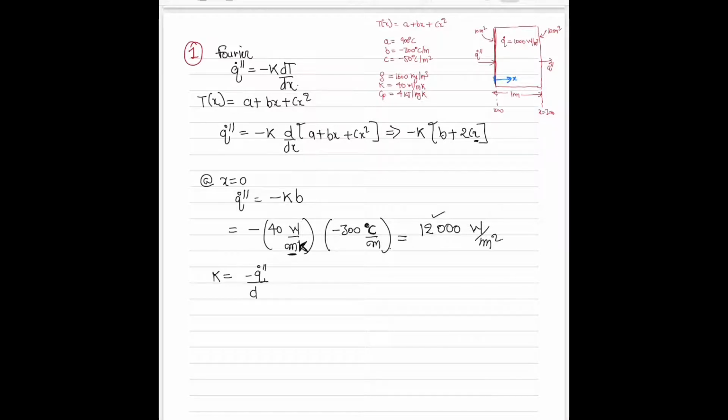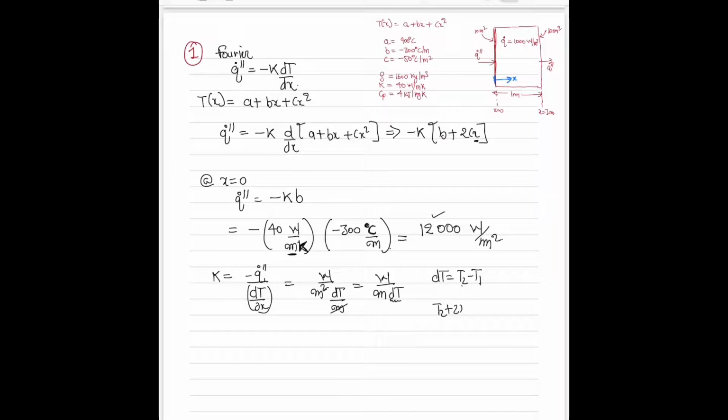From the definition of thermal conductivity, we have heat flux and temperature gradient, which means its unit will be watt per meter square divided by temperature difference per meter, meter cancels, and we have watt per meter delta T, and this delta T is the difference in temperature, that is T2 minus T1.